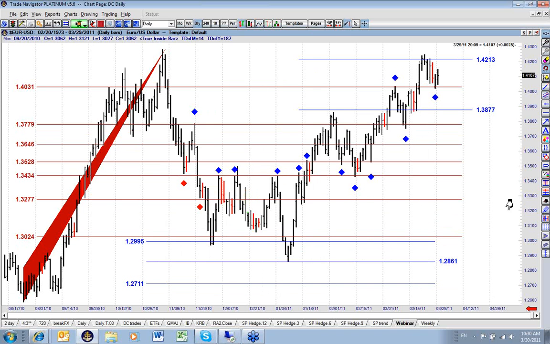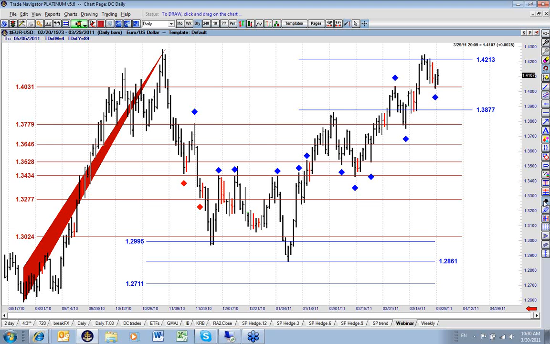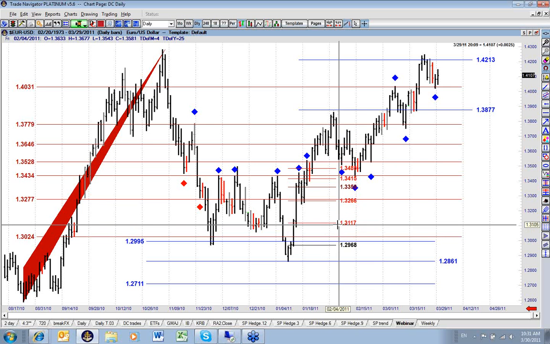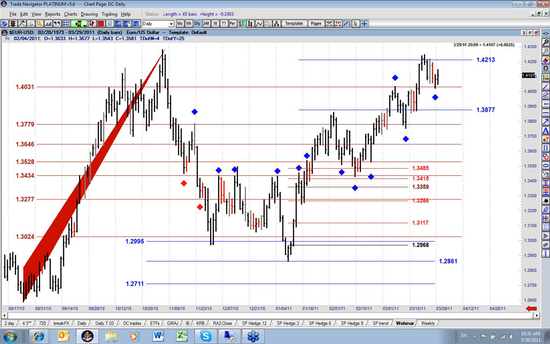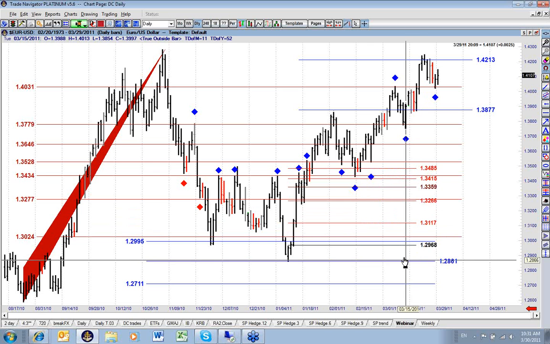In your Trade Navigator suite, you'll have down the right-hand side here this tool, which is a little black hedgehog. His name is Dan. He's our mascot. And if you click on that, you'll be able to drag from a high to a low if you want the retracements, and it will create for you all of the Danielcode retracements, just as I've done over here.